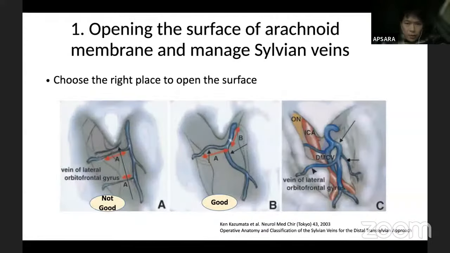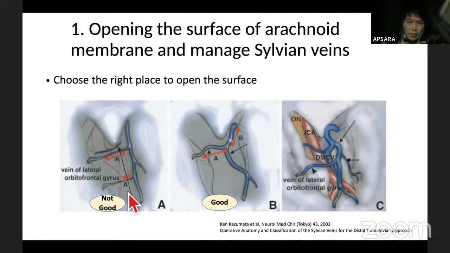For example, this nice illustration is also from the same article. In picture A, sometimes if we go to the deep area, we may notice some bridging vein between the right and left. It is relatively common. In that case, if we continue to insist on opening at this angle, some bridging vein may interfere with your progression.